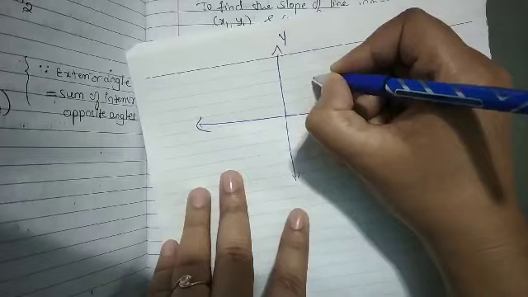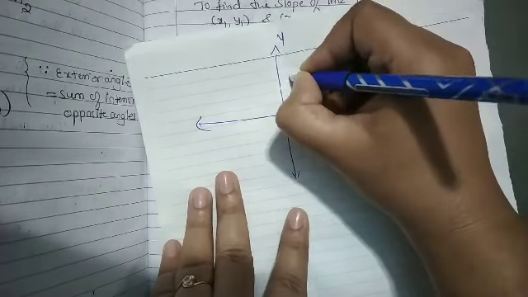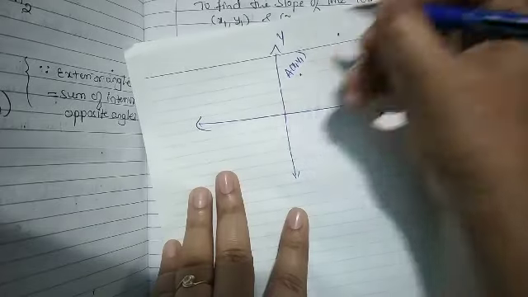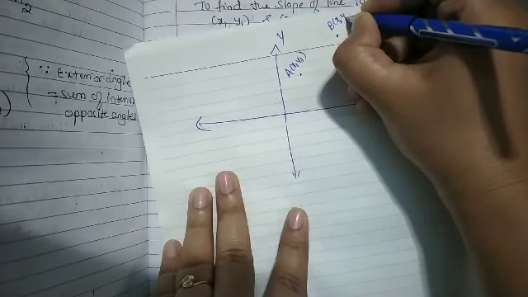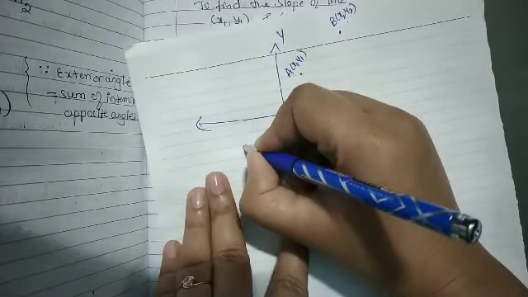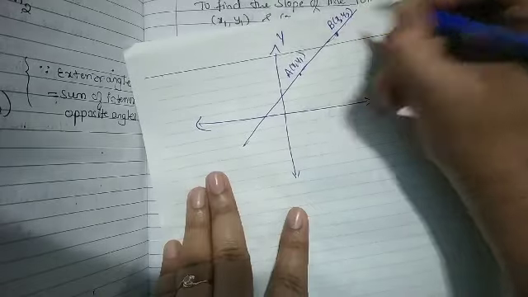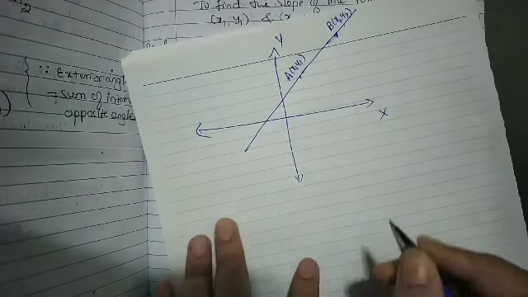We'll consider two points, A of x1 y1 and B of x2 y2. I join them and extend, and we get a line.